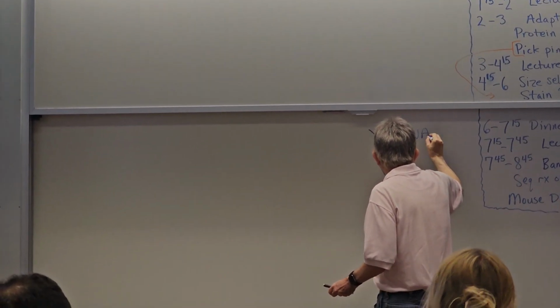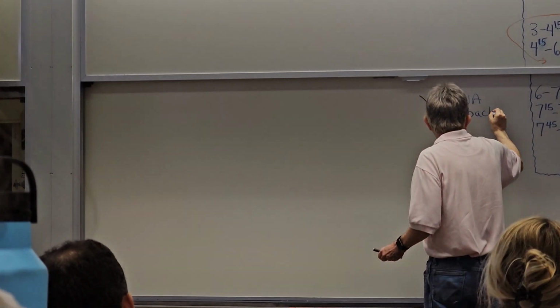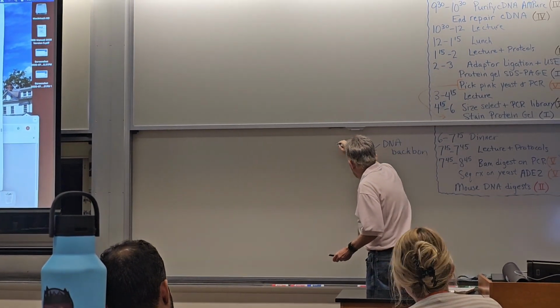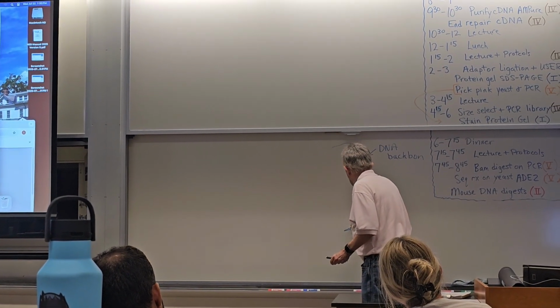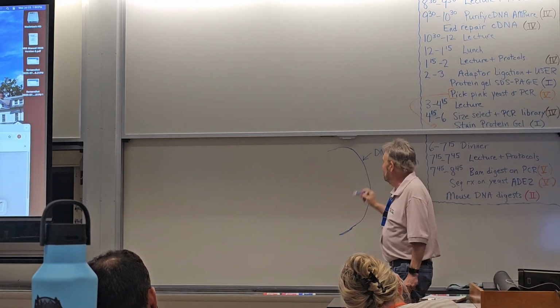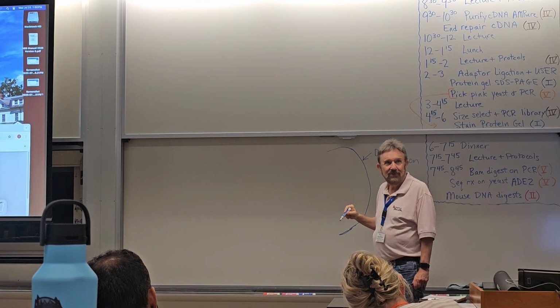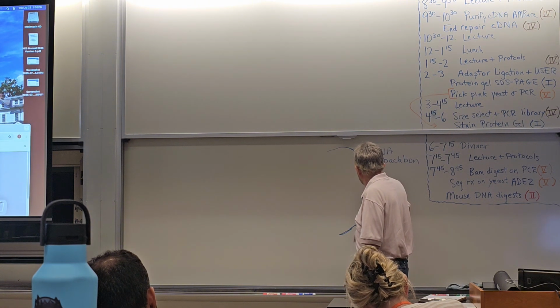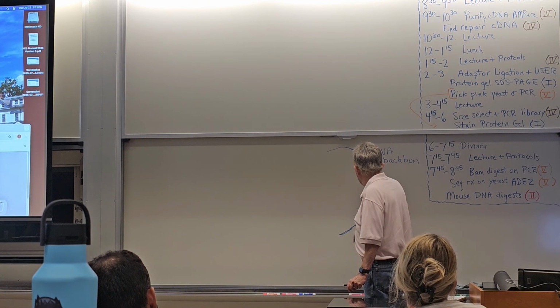Here's our DNA backbone in the loop. So this is part of that loop I'm showing here. The backbone is alternating sugar phosphate. You know that from the DNA models that I showed you on day 2. So there's a sugar here, and the sugar has the base attached to it.